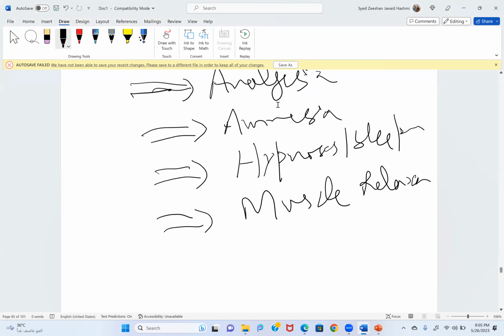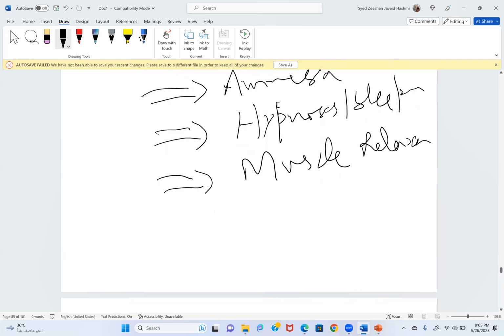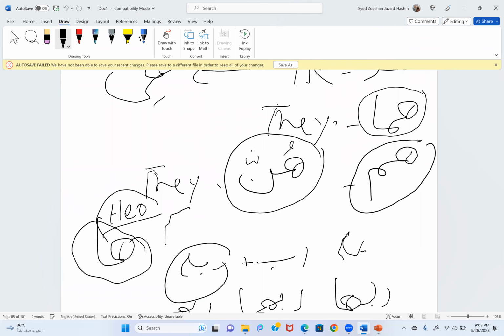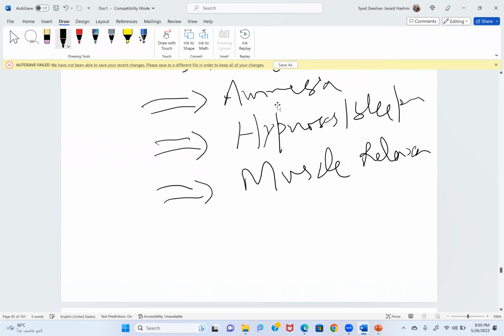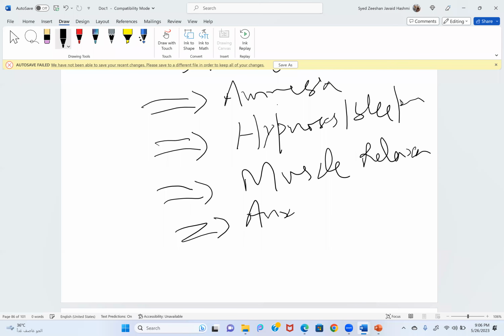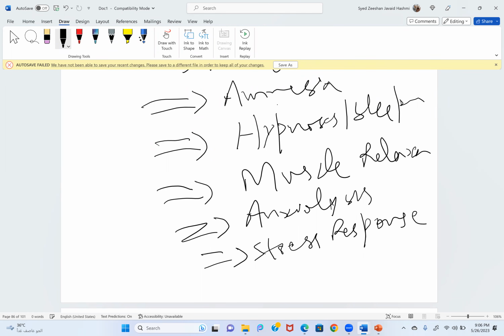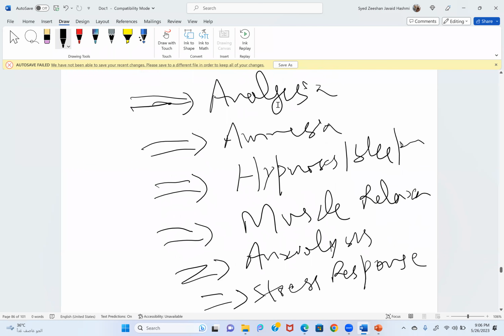And anxiolysis. And then you can say stress response management. So these are the basic components of a good anesthesia.